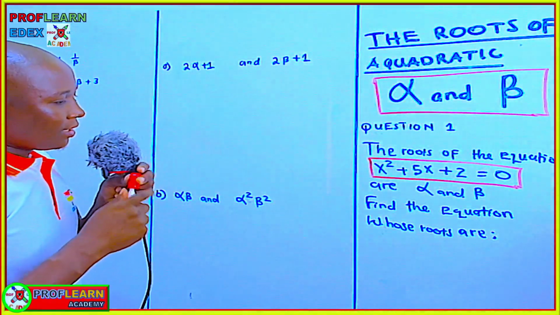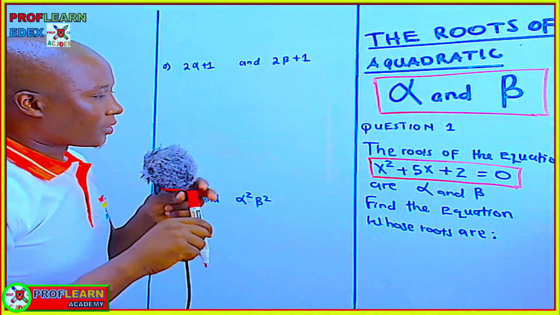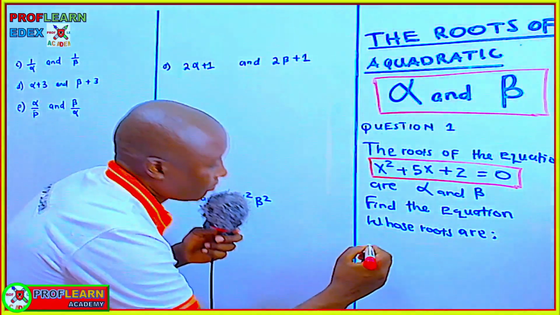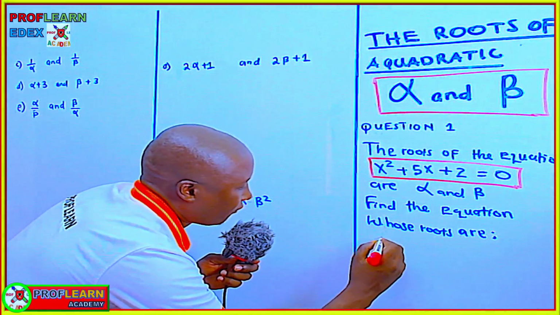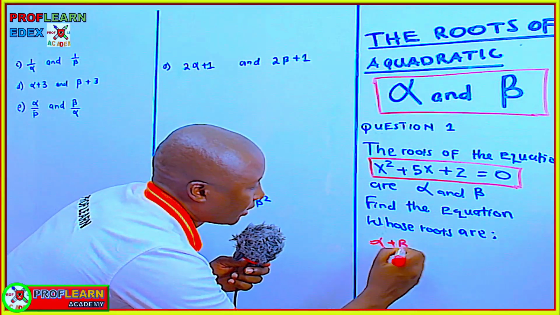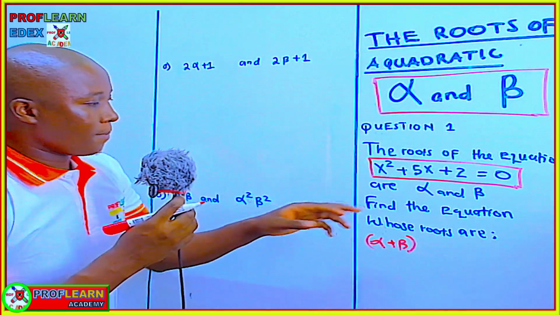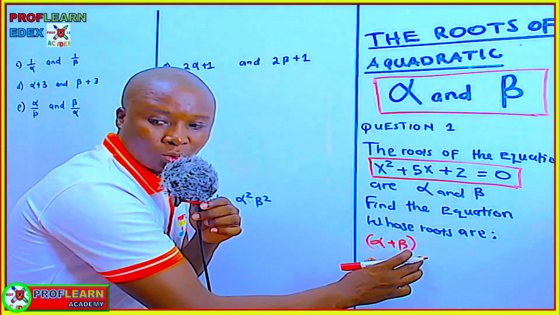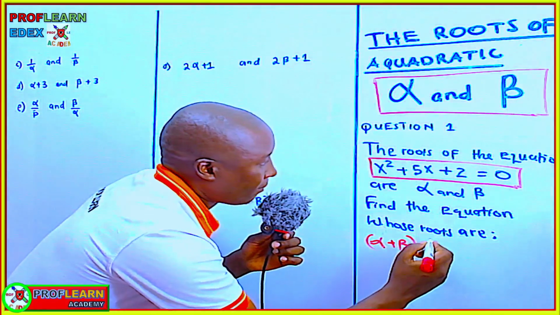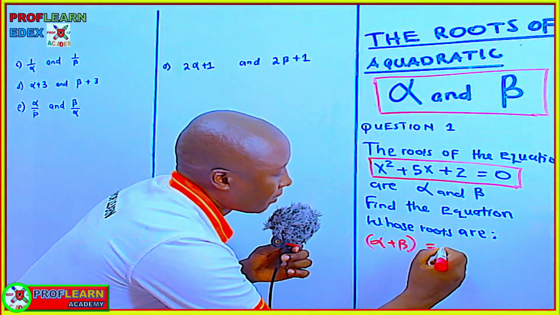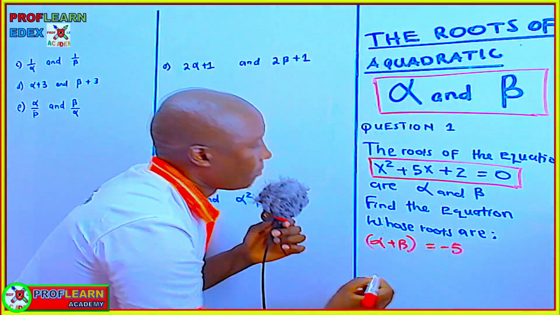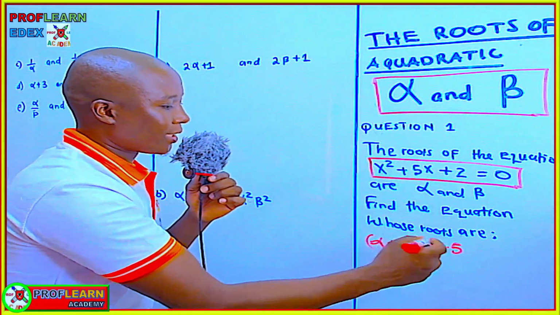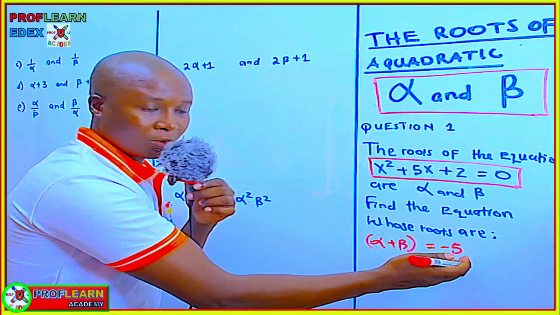So in this particular question, something that we ought to remember here is that the sum of the roots alpha and beta, because we are told that the roots are alpha and beta, is going to become minus 5, because this 5 gives us the sum, so you take the negative of that value.